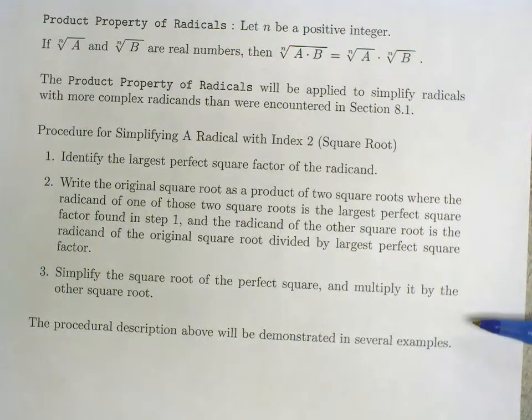In step 3, we simplify the square root of the perfect square and multiply it by the other square root. The explanation of this procedure might sound more complicated than it really is, and so we'll do several examples and you'll see how it works.